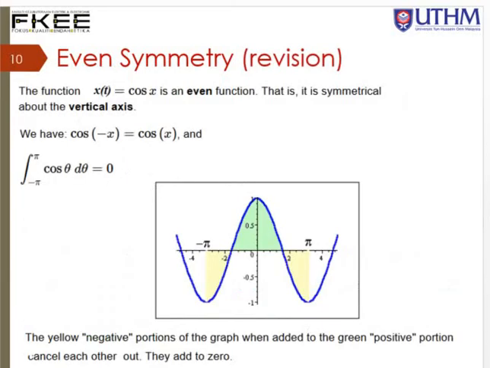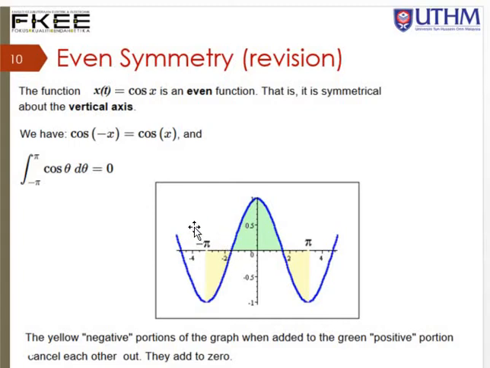If you look at here, the function x(t) is cos, which is an even function. So this is symmetric at the y-axis. So bn refers to the sine, sin n theta.